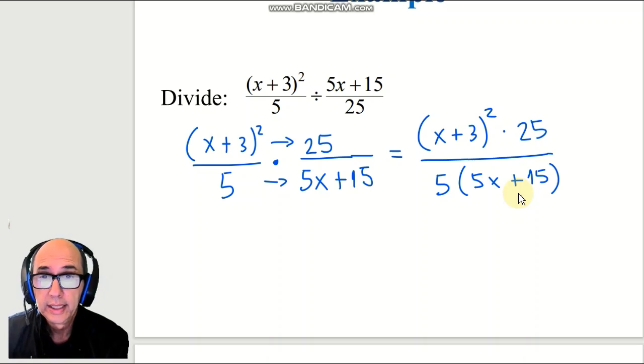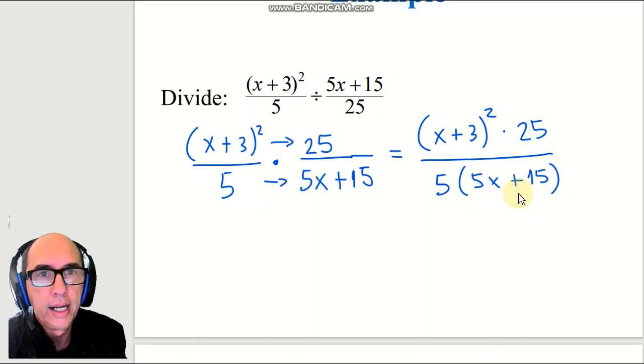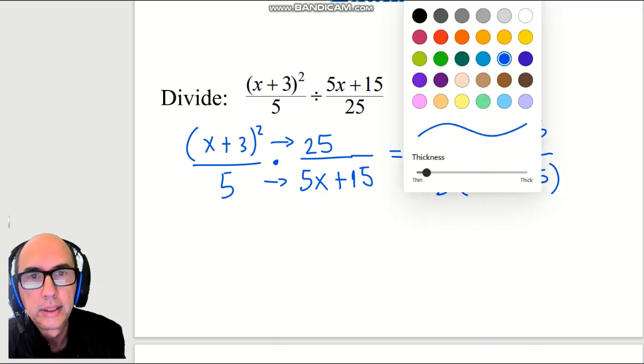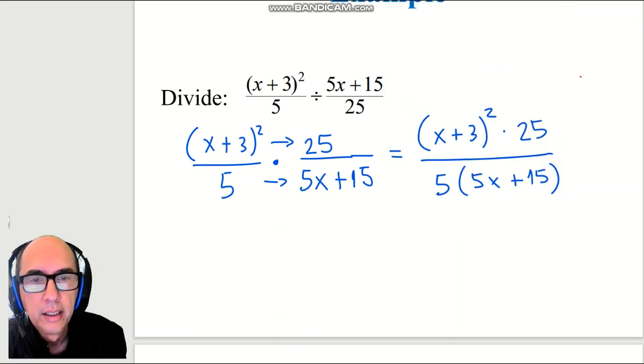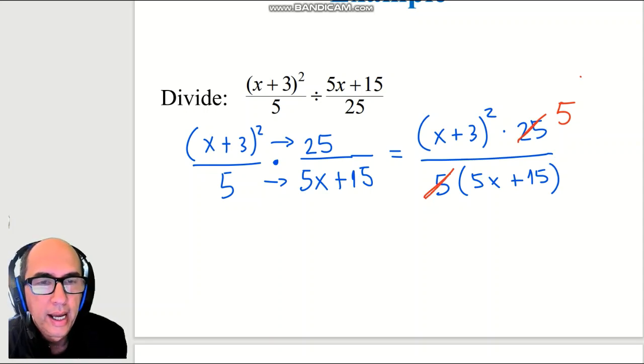Again, this is the answer, but not the final answer. We need to simplify. And I can quickly see something that we can simplify. 25 divided by 5 is 5, right? So we can simplify this. Anything else? Look closely at each one of the expressions.